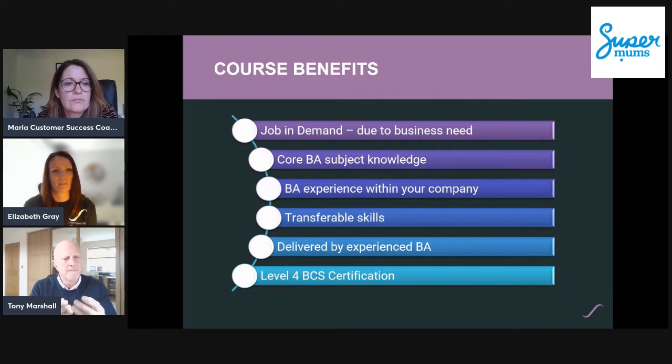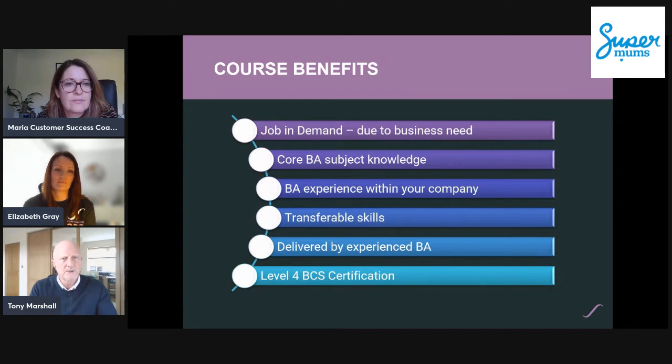Obviously, a business analyst level 4 gives people who might already be in a fairly experienced role that formal recognition and new skills and knowledge that are going to really catapult their career progression. So the key parts are that it satisfies job needs that are in demand from an employment point of view.